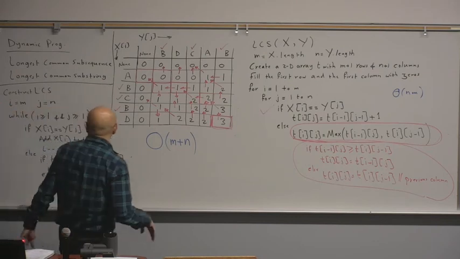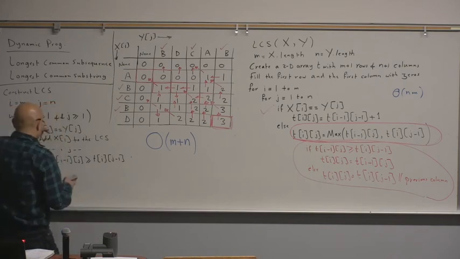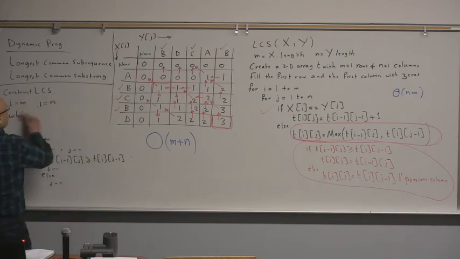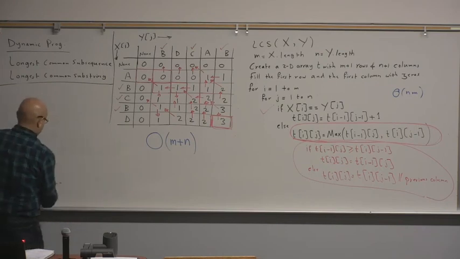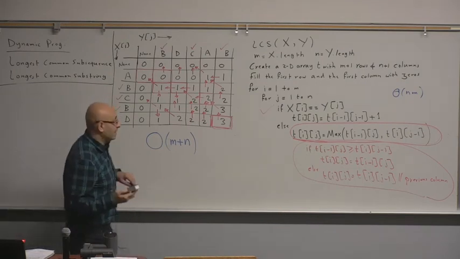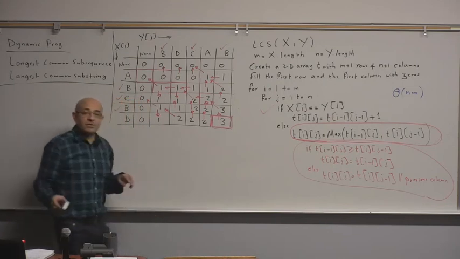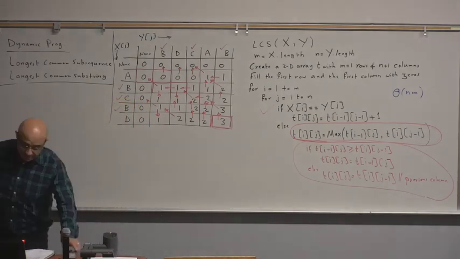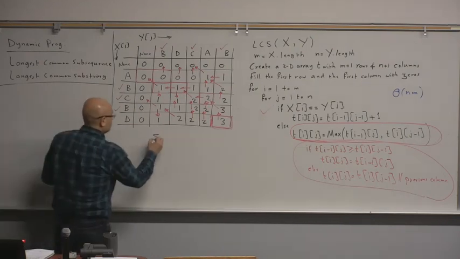So let's talk about the longest common substring. In fact, the dynamic programming solution to the longest common substring that we are about to describe is not the best algorithm for finding the longest common substring. The best algorithms can be developed using what we call the suffix tree.